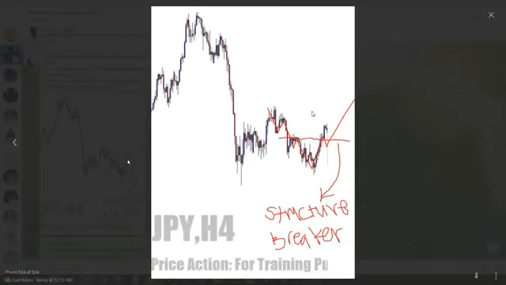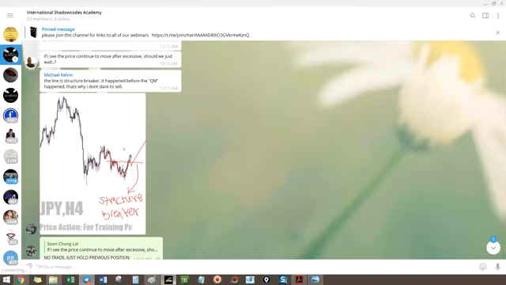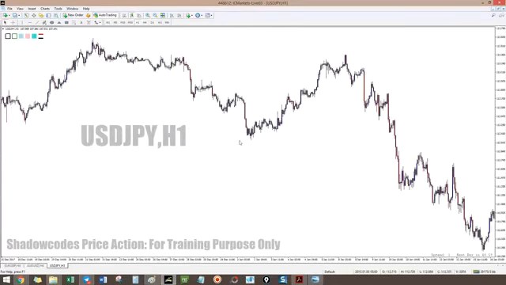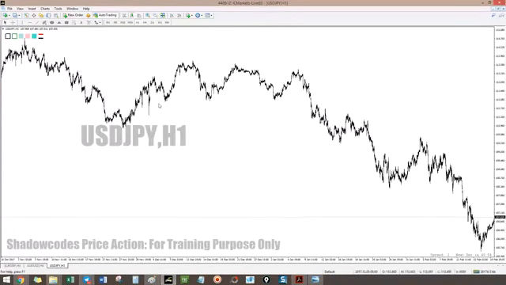Okay, let's zoom in here. I will explain to you on a lower time frame view. So why do you not dare to sell here? All right, let's go to H1 maybe. Can we find H1 here?